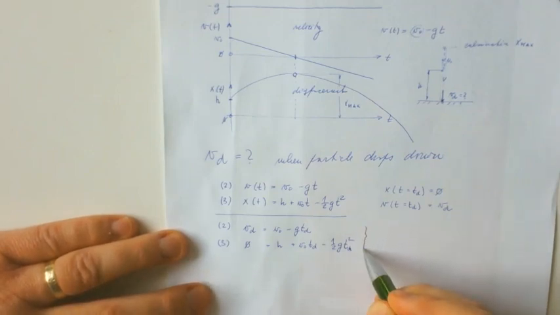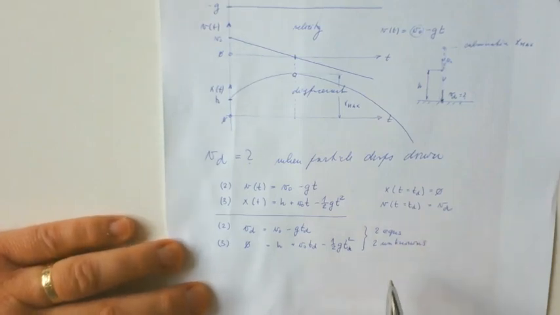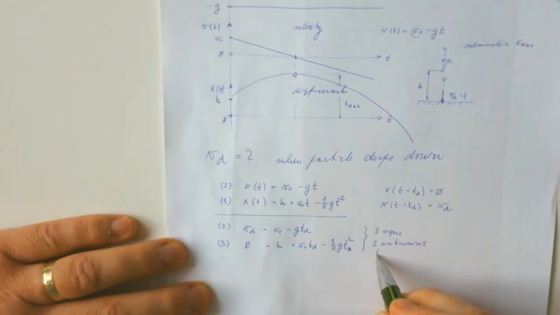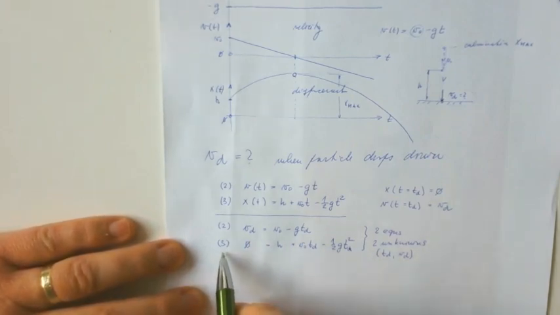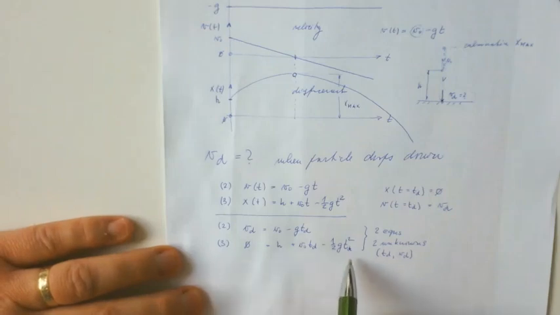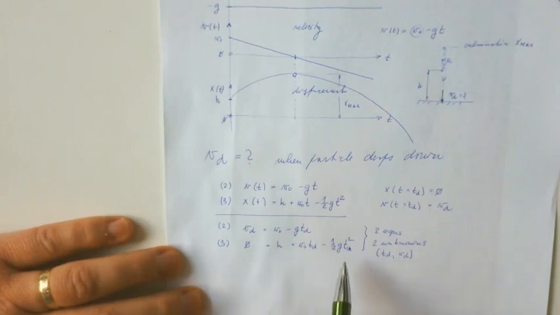So this is a very simple system of two equations with two unknowns. Two unknowns are td and vd, so we can simply calculate this, but it's more secondary school problem, and I will show you a more advanced approach how to calculate it more effectively.